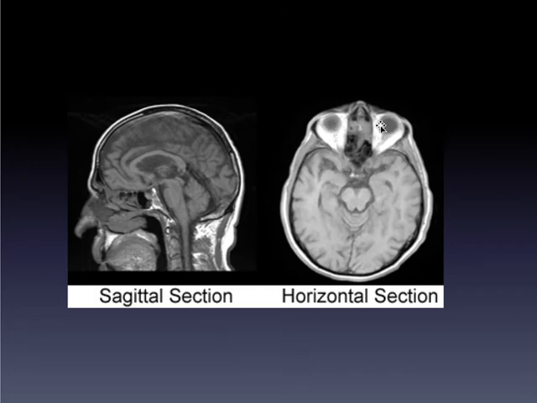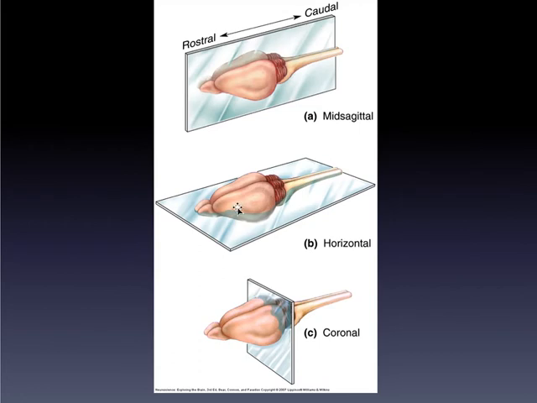So here you can see the two eyeballs, and there's the cortex, and then you can see the brain stem coming out the bottom there. You wouldn't see that in the horizontal section in the rat. You would see the brain stem and the spinal cord trailing off down the back, again because the axis is turned 90 degrees.